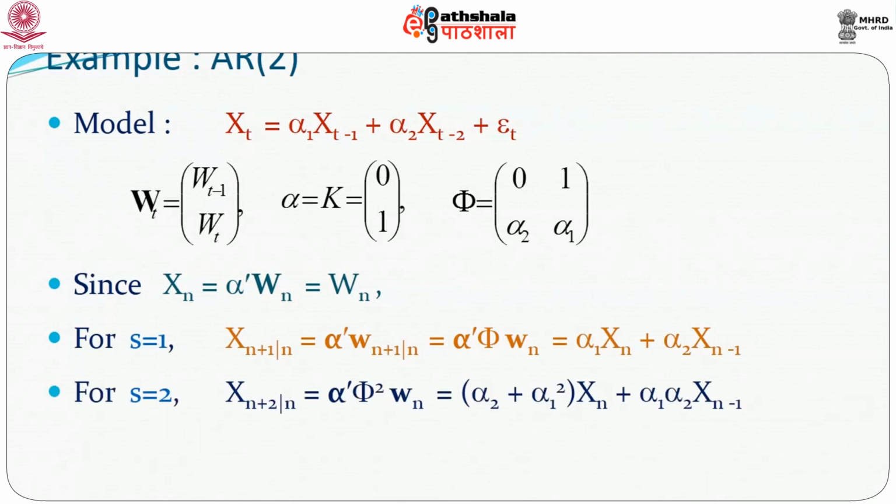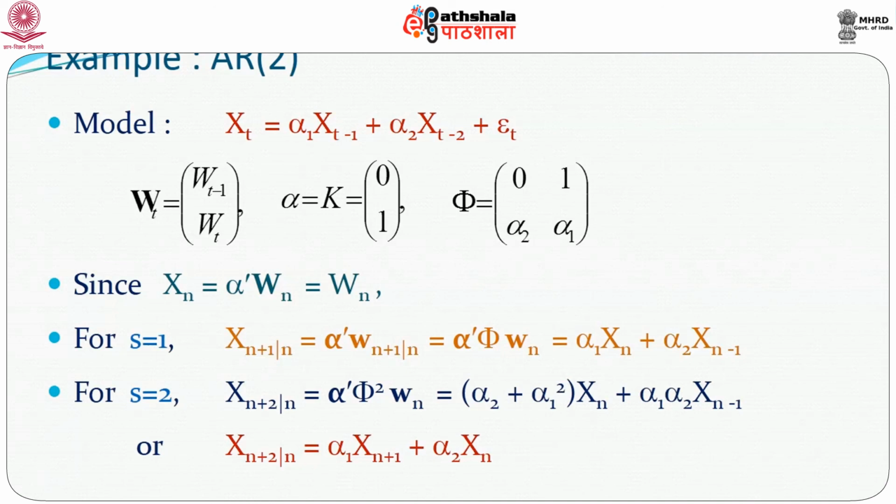What about the two step predictor? x_{n+2} given n would be alpha_1 squared x_n plus alpha_1 alpha_2 x_{n-1} plus alpha_2 x_n. Remember that we cannot go beyond x_n because that is not observed, but we can write it in terms of x_{n+1}, which should be similar to what we did before.